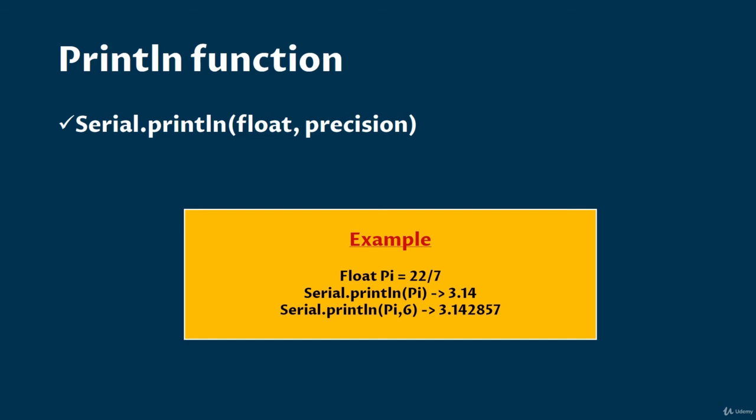So in that way you can display precise floating point values. If I write Serial.println a floating point variable, comma, up to how many decimal places I want, I can mention that. And that way the Arduino can print precise floating point values. So this is one of the hacks.